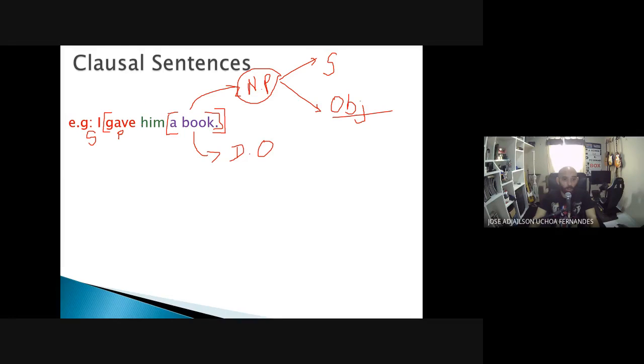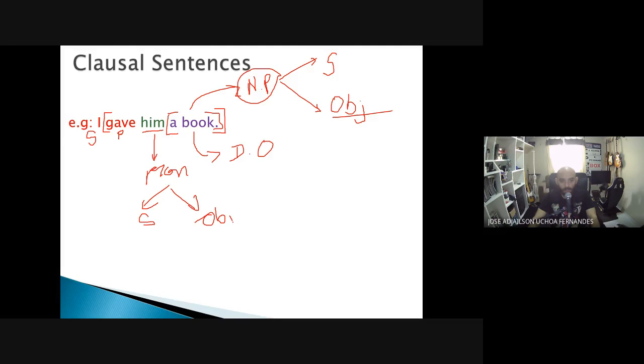Now, we still have him. We all know that him belongs to the word class of pronouns. We decided that in our approach, we put nouns and pronouns together. So if it's a noun or a pronoun, we have two types of pronouns. We have subjective pronouns and objective pronouns.